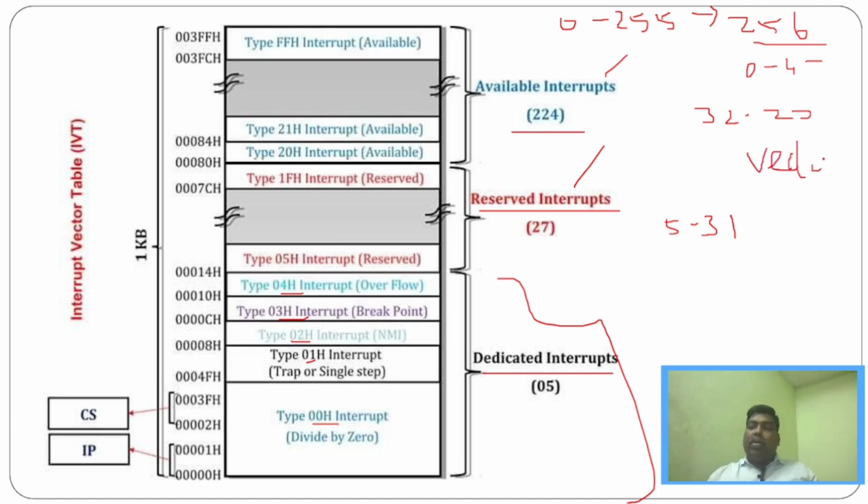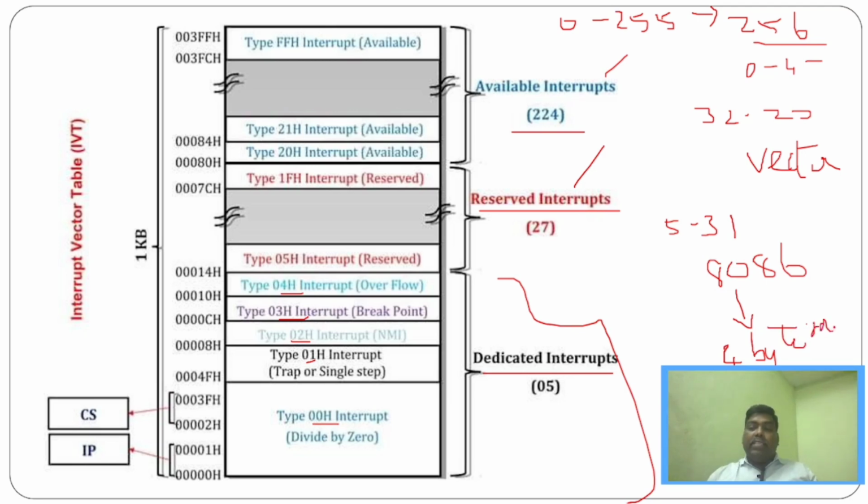So what is the address location? Listen very carefully: each interrupt in 8086 will occupy a 4-byte address.